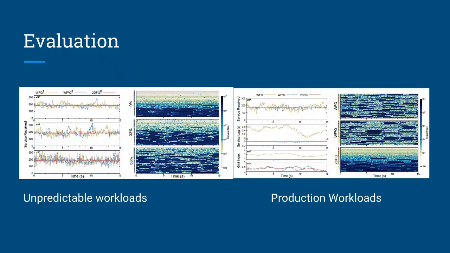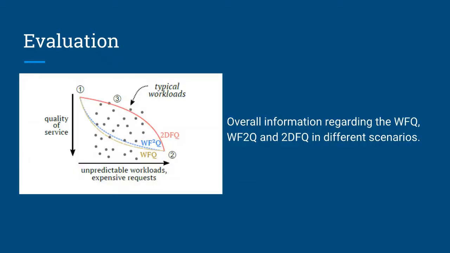And this is the unpredictable workloads graph and the production workloads graph, which can be seen here. And moving on to the next slide, we have the 2DFQ explaining the differences between the 2DFQ and WF square Q and WFQ.